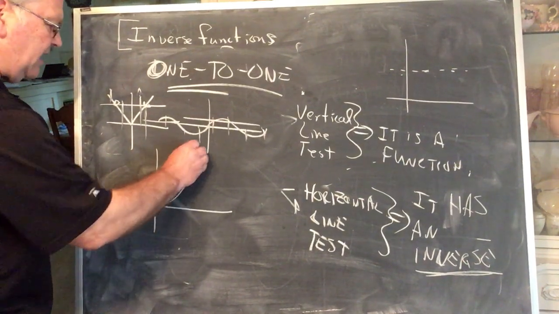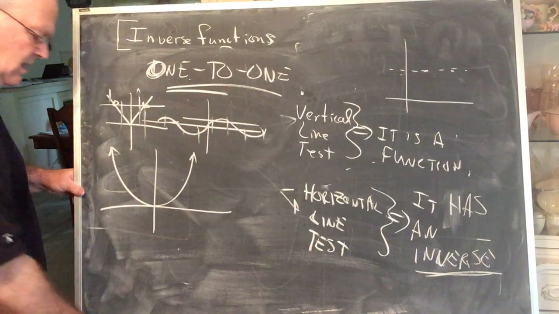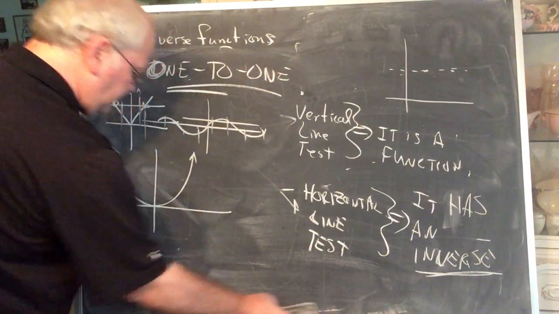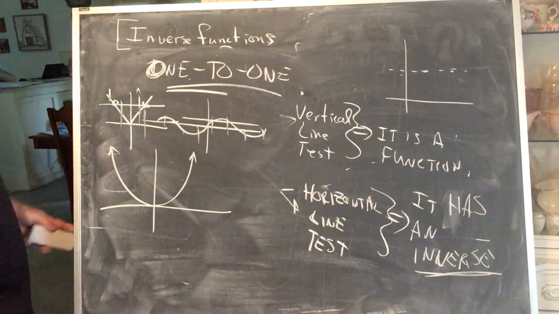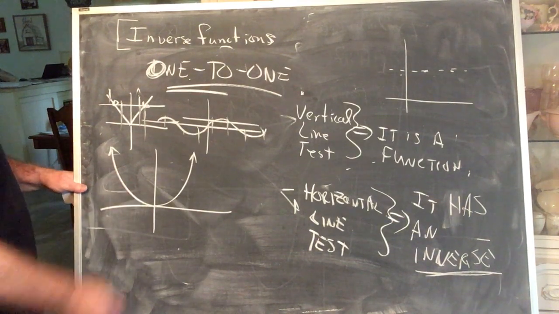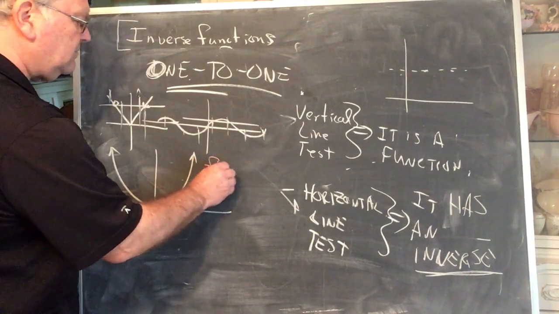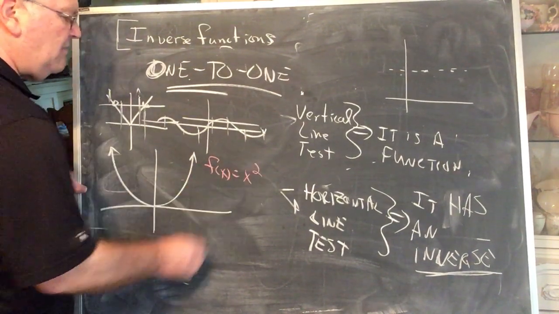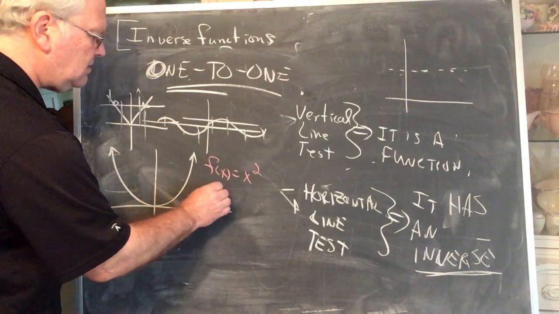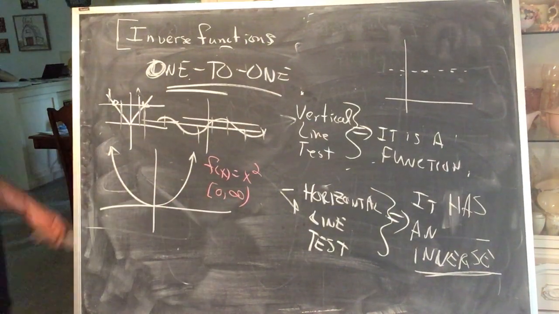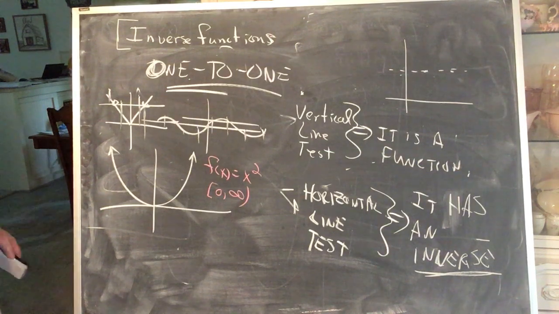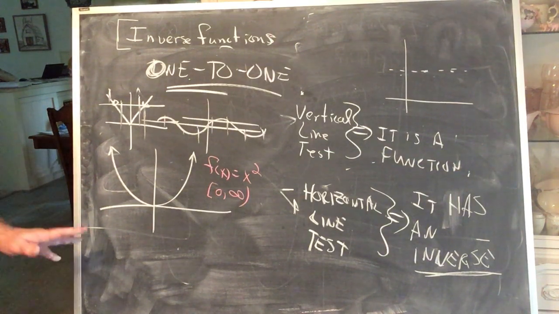Now, you might be unhappy with that, but here's one thing we can do. Consider the parabola again. Suppose, for reasons we will consider later on, we want to consider this function, but we only want it for non-negative values. We do not want to consider the negative numbers. Why we're doing that we're going to kick down the road for now.